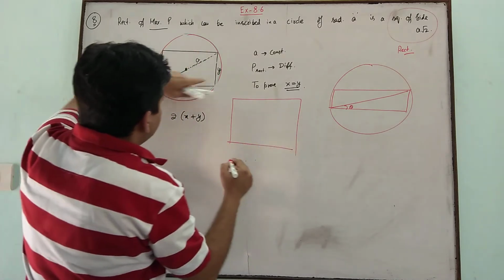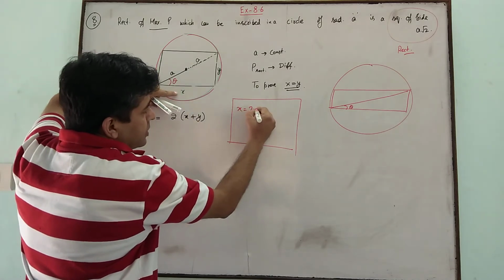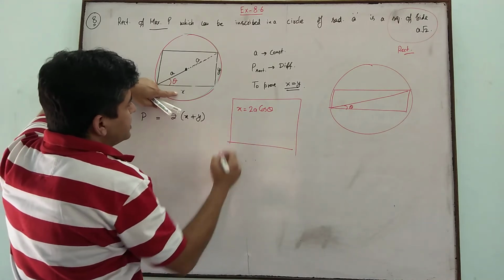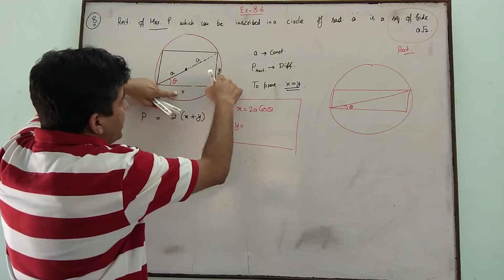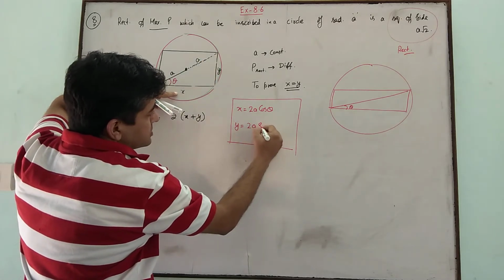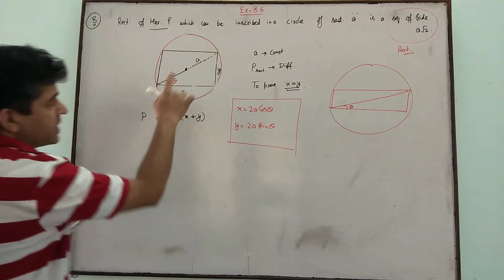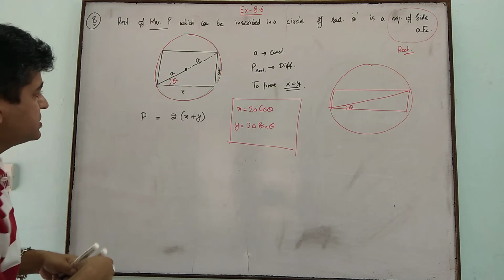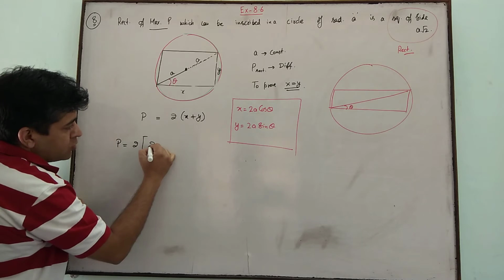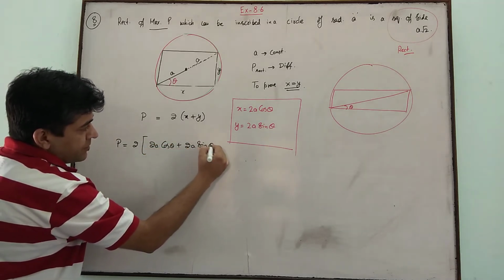By this triangle, x upon 2a is equal to cos theta, and y upon 2a, perpendicular upon hypotenuse, is equal to sin theta. Now x and y are both in terms of theta, a single variable. So the perimeter is 2a cos theta plus 2a sin theta.